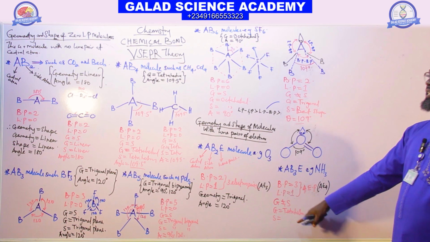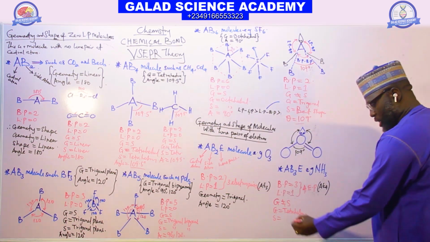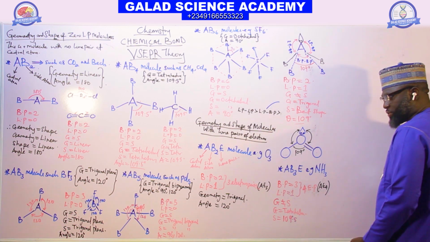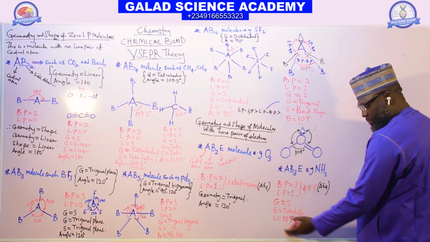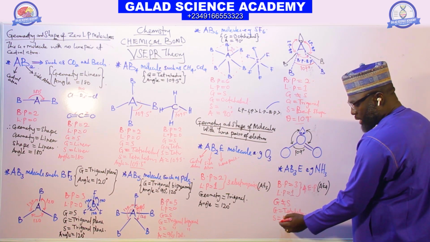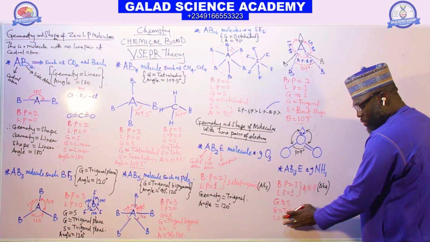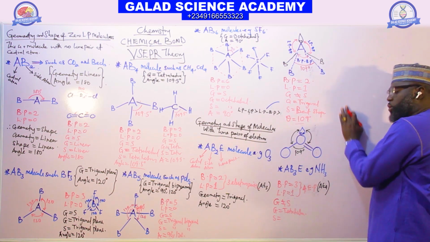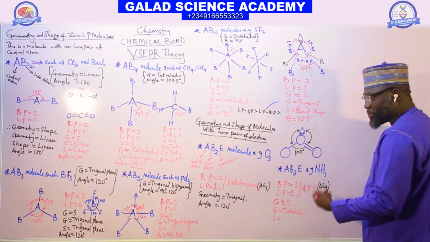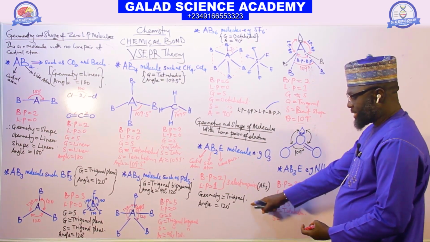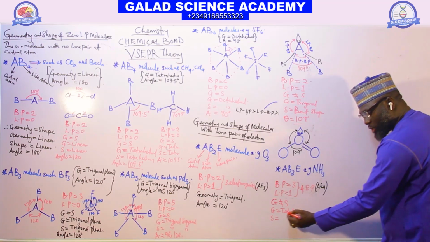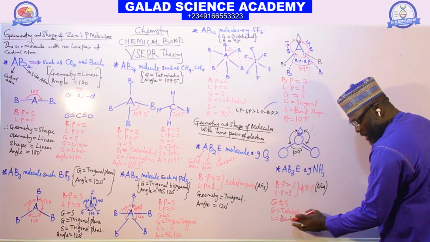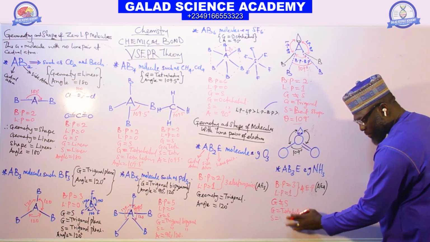The angle for tetrahedral is 109.5. The shape here is bent, or you can call it V shape.